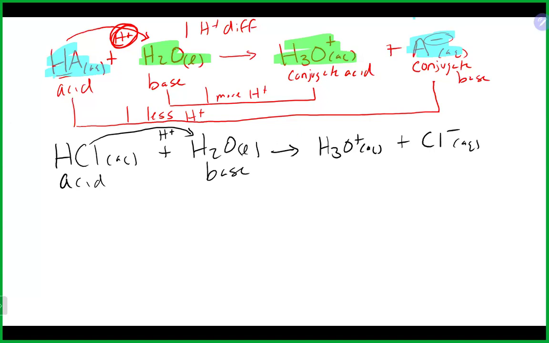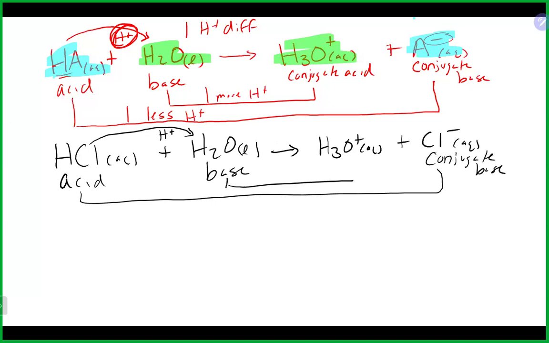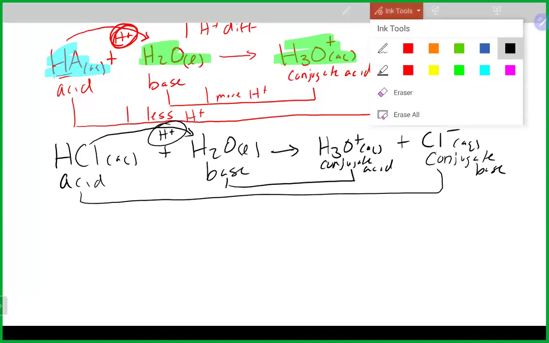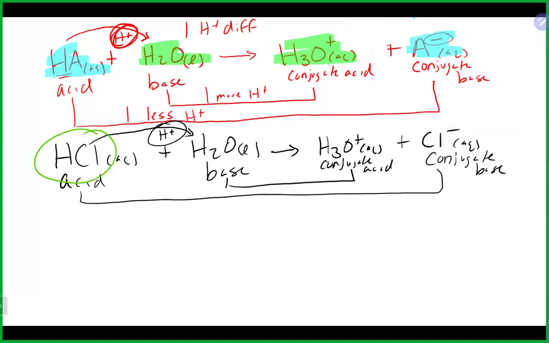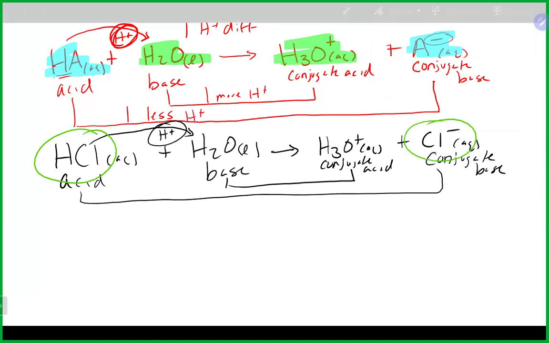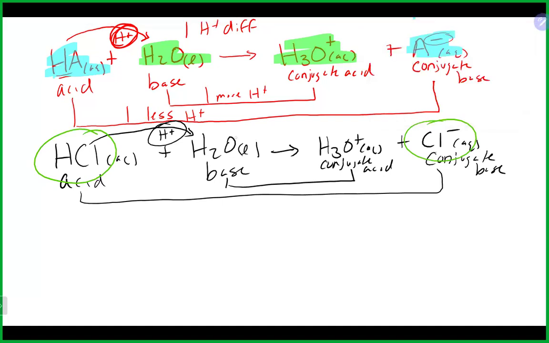This is our acid, and this would be its conjugate base. This would be the base, and this would be its conjugate acid. Once again, the only difference is our H+, and we have those guys related to each other, here and here, and then these two guys are related to each other.